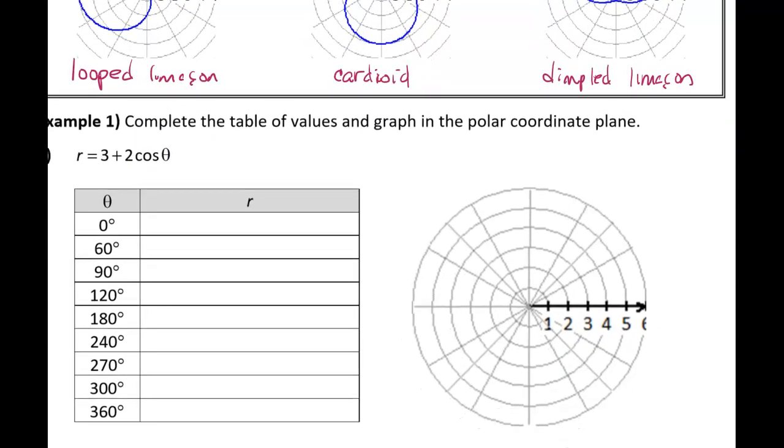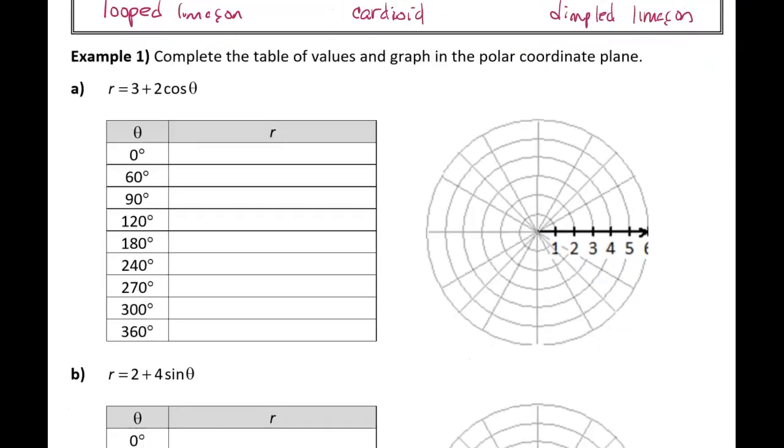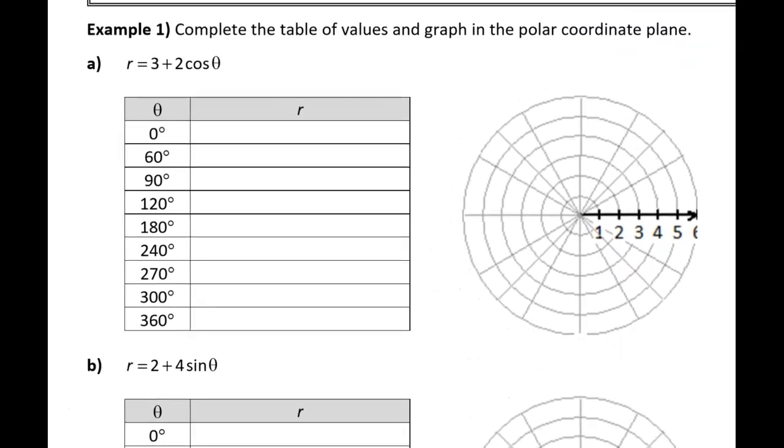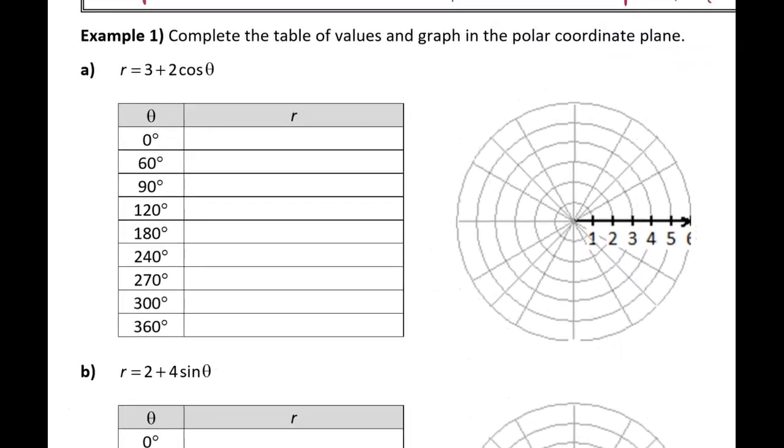To get an idea of how each of these graphs will look, we'll create a table of values. This is not going to be a preferred method, but it's a method by which we can see how the polar curve is generated. So let's create an extra column here for the cosines of each angle theta.